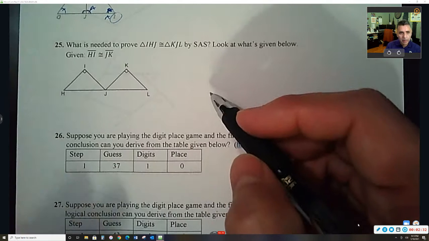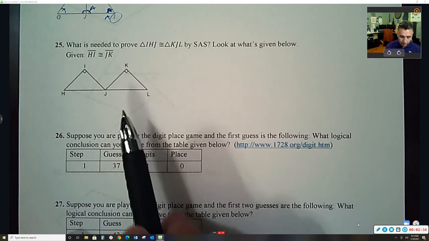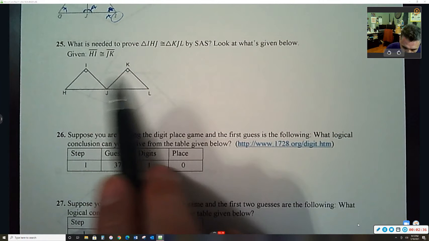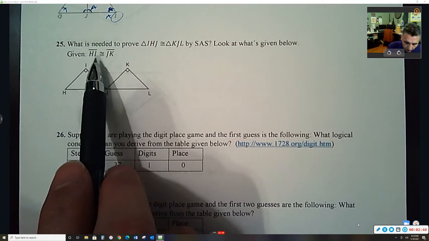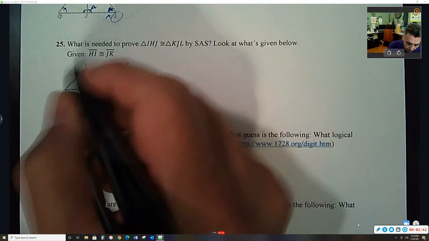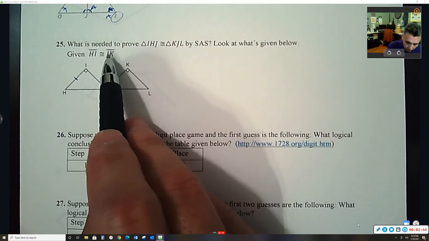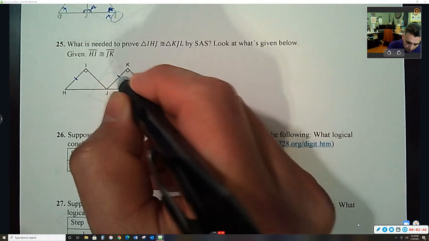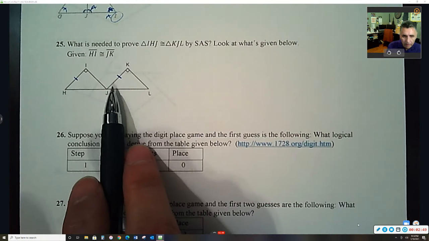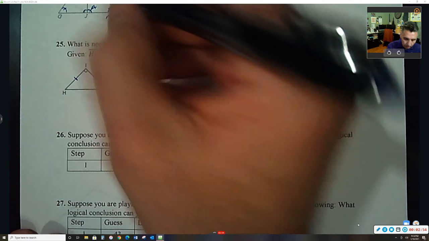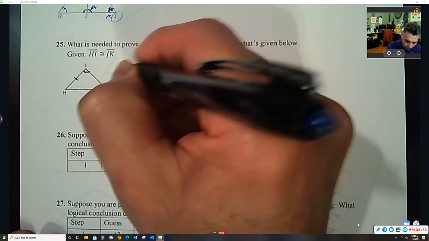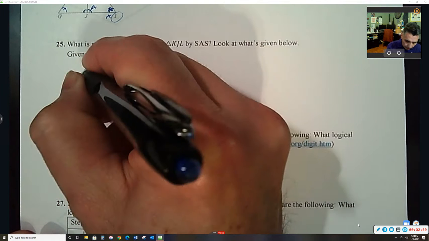25. 25 says, what is needed to prove these two triangles congruent by side, angle, side? Given HI is congruent to JK. Now, even though this isn't given, because it's in the diagram, we know this angle is congruent to that angle because they're both 90-degree angles.